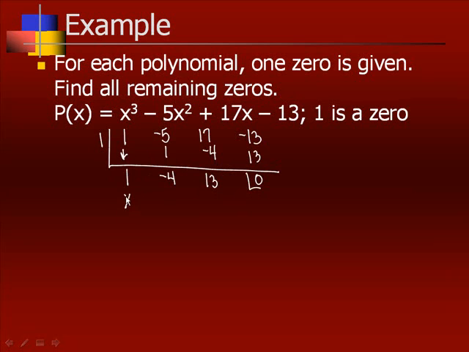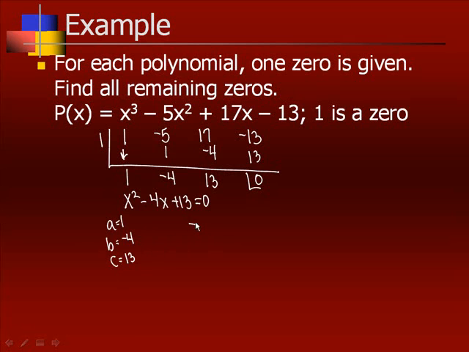Now we've got this one. Well, that would be x squared minus 4x plus 13 equals 0. We could do quadratic formula on that. A is 1, B is negative 4, C is 13.